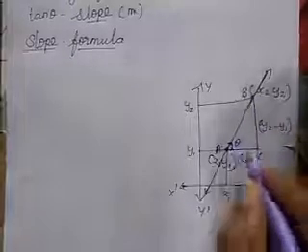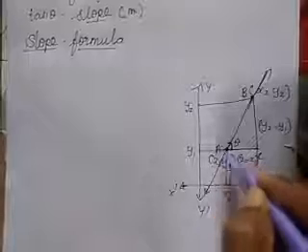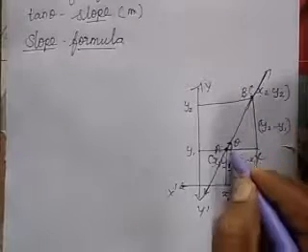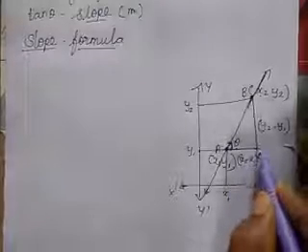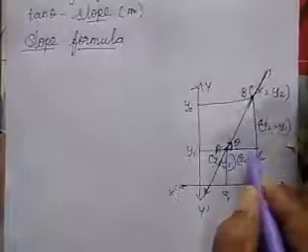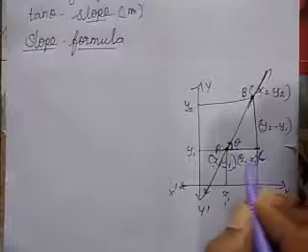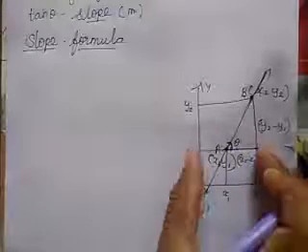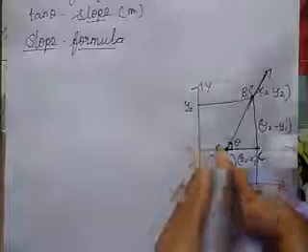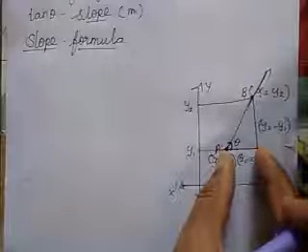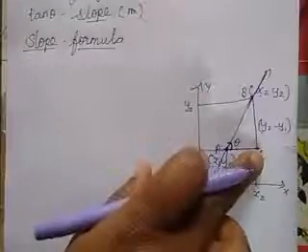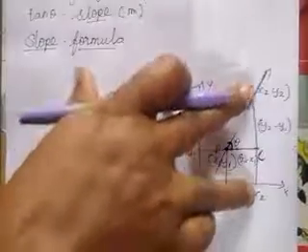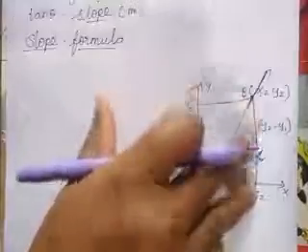This is C. AC is x2 minus x1, and BC is y2 minus y1.